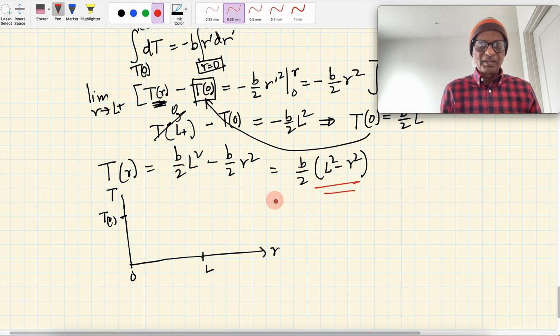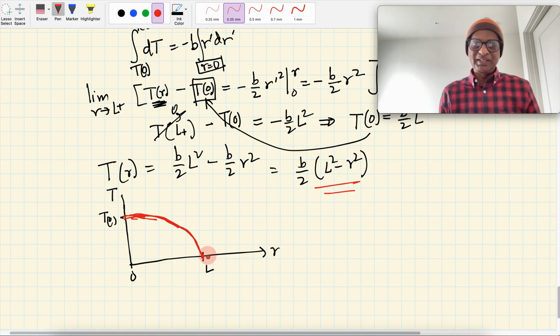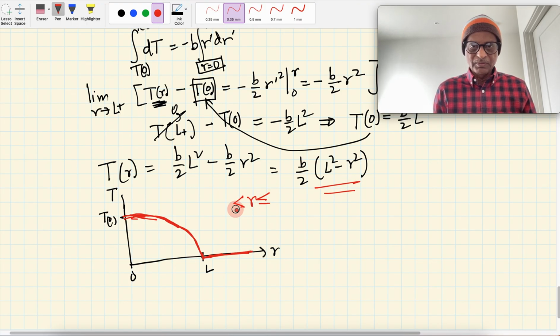Initially the slope is very low, but it goes like that, squared. And of course after that tension is going to be all 0 because there is no rope here. So this formula holds for r between 0 and L.